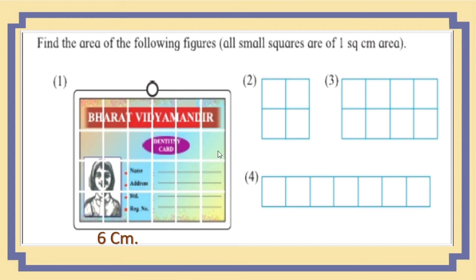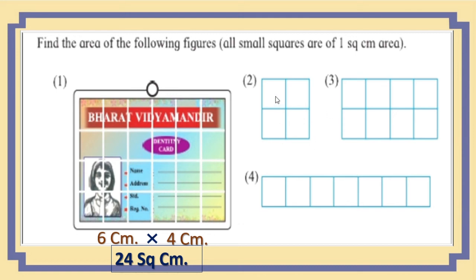See 1, 2, 3, 4. So 6 centimeter multiplied by 4. 4 squares are there. What is the answer? 6 fours are, yes, 24 square centimeter. You have to add here square, okay? Because centimeter into centimeter, it becomes square. So we will write 24 square centimeter.